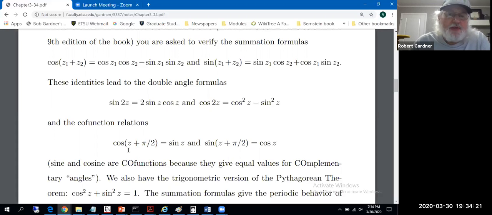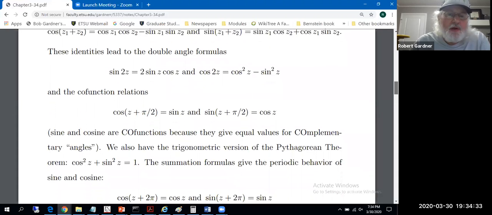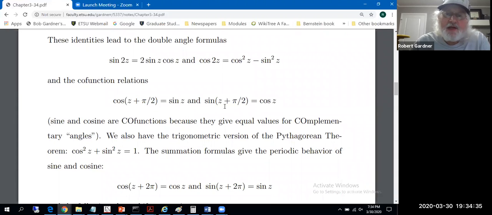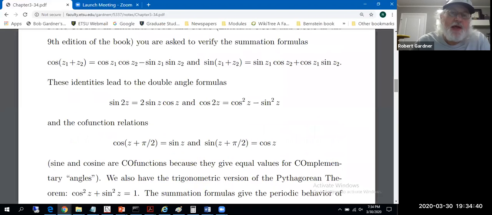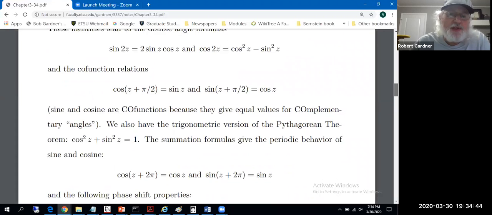Here the statement is cosine of z plus pi halves equals sine z, and sine of z plus pi halves equals cosine z, confirmed from these summation formulas. This isn't precisely the cofunction relationship, but it's intimately related to it. We could state it if we had some differences up here, sine and cosine of z1 minus z2.